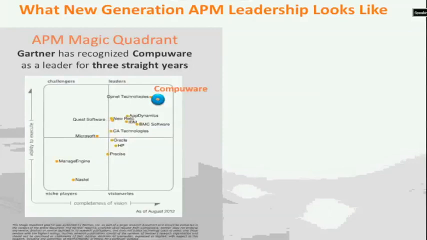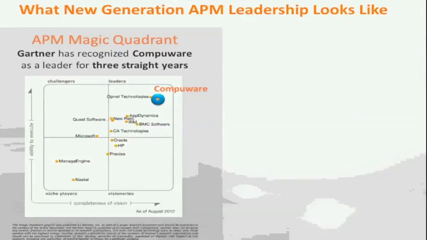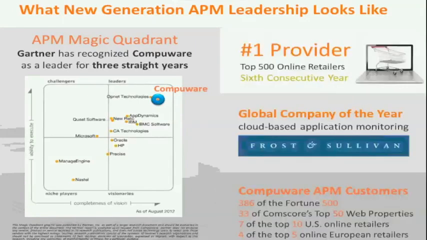If you look at what Gartner has rated, for 3 consecutive years CompuWare has been rated as one of the only companies right at the top right corner of the APM Magic Quadrant for completeness of vision. It has the vision of what the APM market should be like. Being the number 1 provider for 6 consecutive years for the top 500 online retailers means a lot.